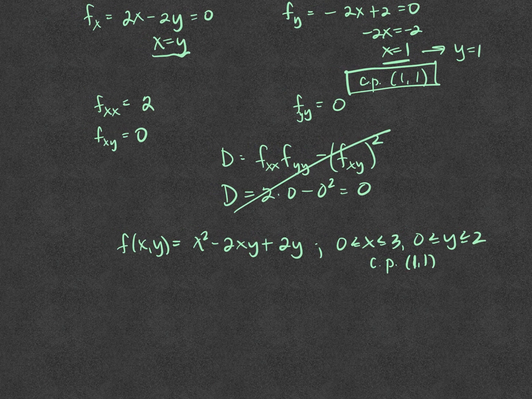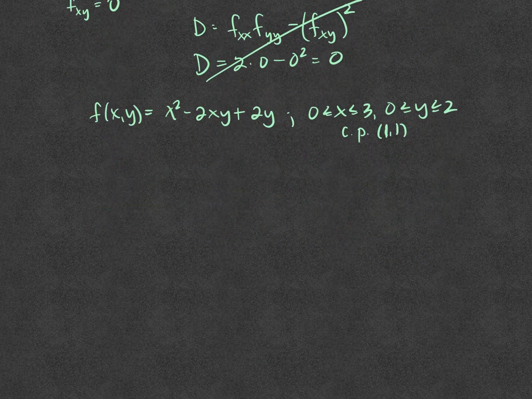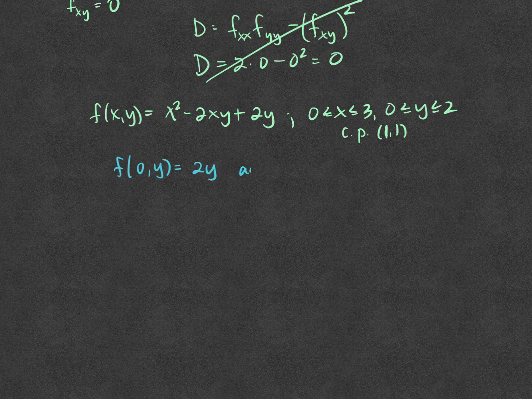Because we have a closed bounded graph, we know that we have an absolute minimum and an absolute maximum. Now you can't just say 0, 0 and 3, 2, because that's not necessarily true. So we're going to start by looking at x being 0 with any y, in which case our equation becomes 0 minus 0 plus 2y. Now we know that y is between 0 and 2.